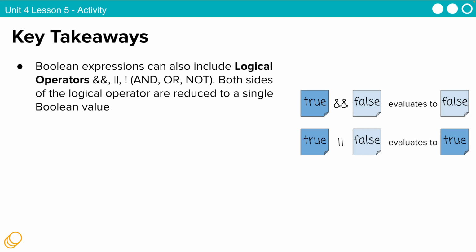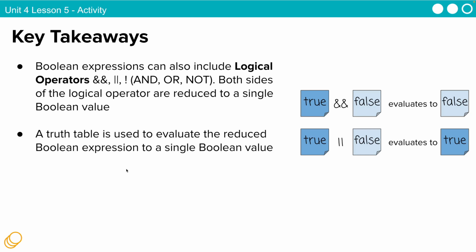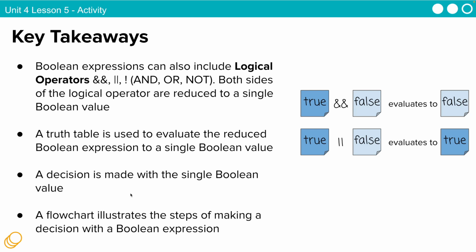Both sides of the logical operator are reduced to a single value. So basically true and false, right, evaluates to false. True or false evaluates to true. Truth tables can be used to evaluate the reduced expression, and a decision is made with a single Boolean value.